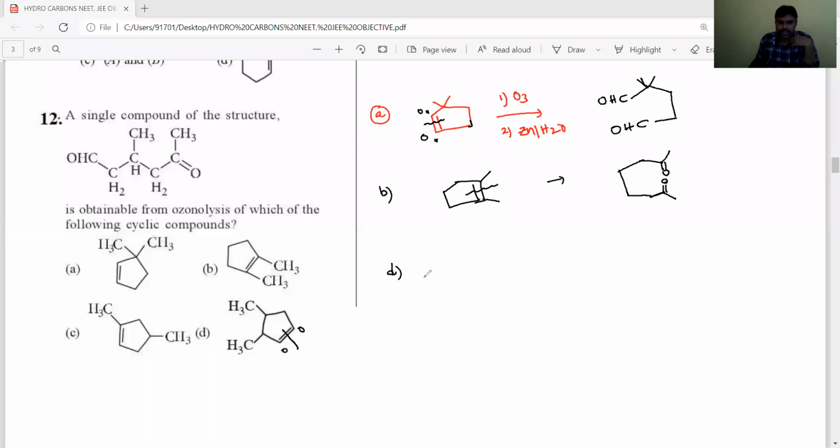Just here one oxygen and here one oxygen. The product is CH2, CHO, CH, CH3 and CH, CH3, CHO. Like this the product will form.